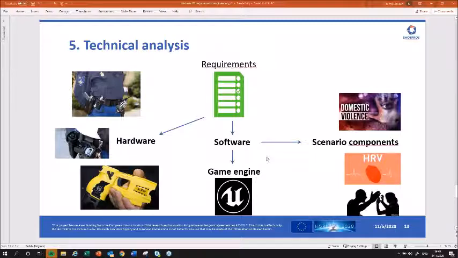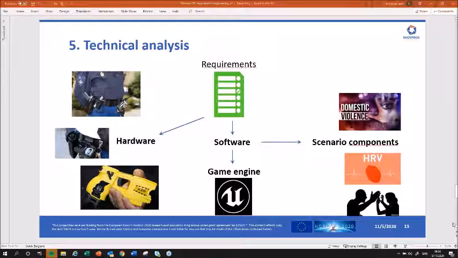Hi. So now I'm going to talk about the technical analysis. So what are we doing as a company? It doesn't really differ for us a lot if we're doing this within the ShotPros project or with other clients or customers, because basically where it starts for us is with the list of requirements.